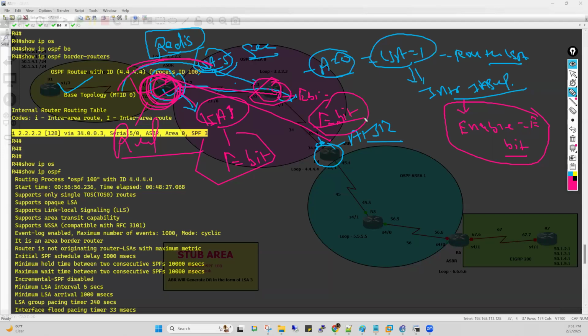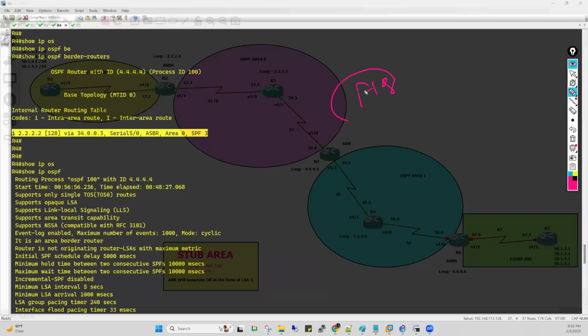The E bit is nothing but a flag, or you can understand it as an indicator. By the help of that indicator, this router informs all the routers in its own area, this router and this router: hey, I am performing redistribution, so I am ASBR. Clear, guys? Everyone tell me yes or no.